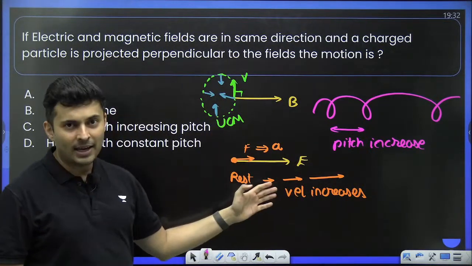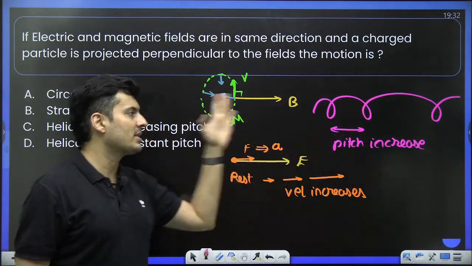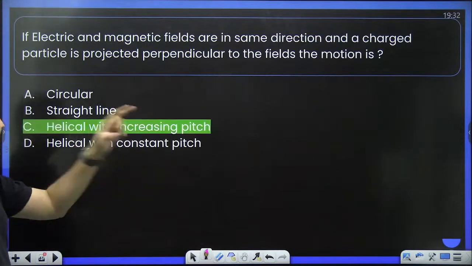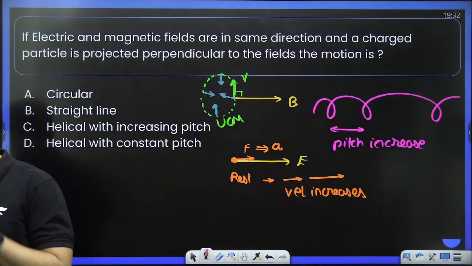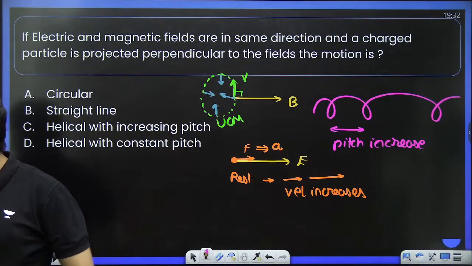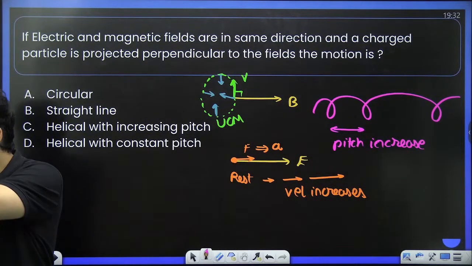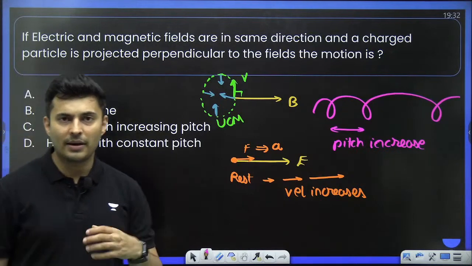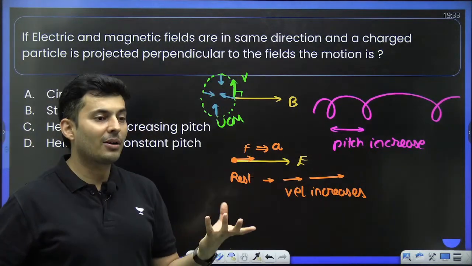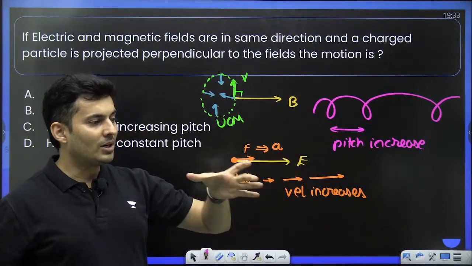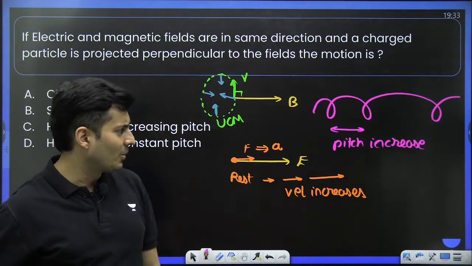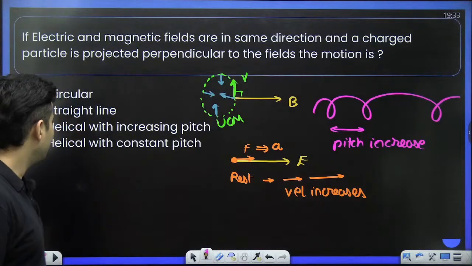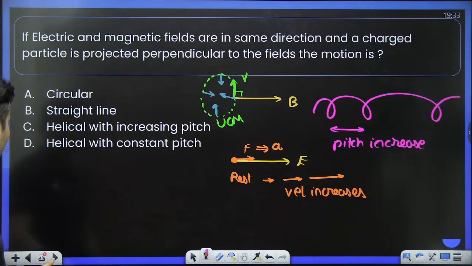That's the reason why in that case the pitch was constant. Here the pitch won't be constant. Hence the answer is option C, Captain Shreyas. Yes. So it will be a helix of increasing pitch. You can call it a solenoid, you can call it a spring, but it's a spring of increasing distance between the coils, or a solenoid with increasing distance between the coils, whatever you want to call it. So that is helical motion with increasing pitch.